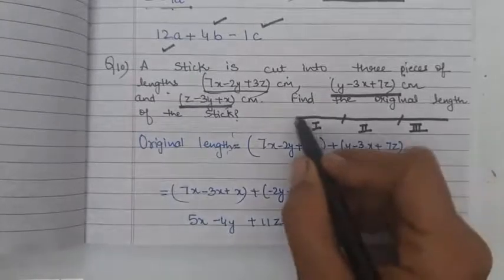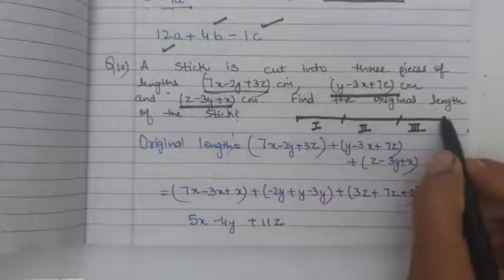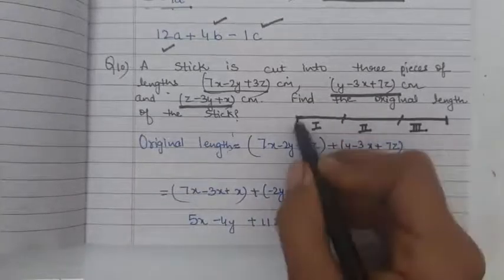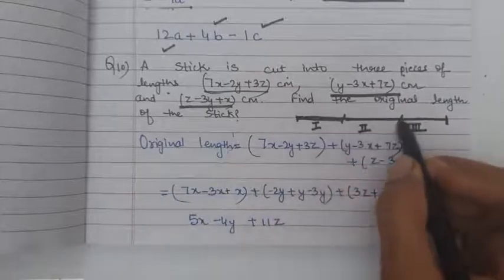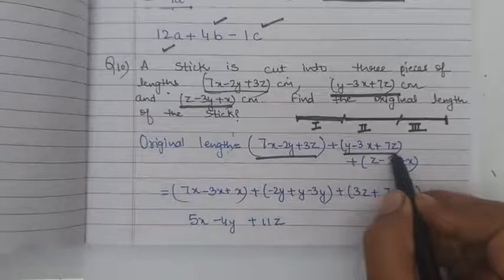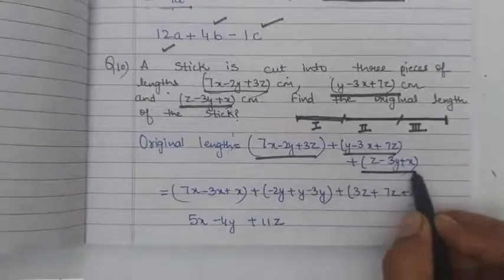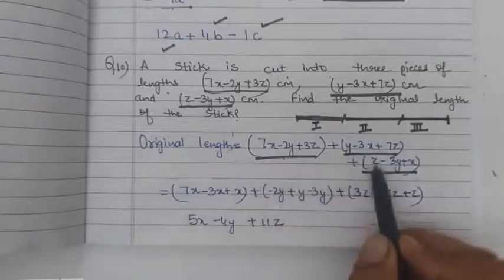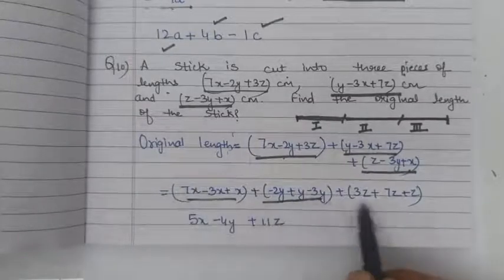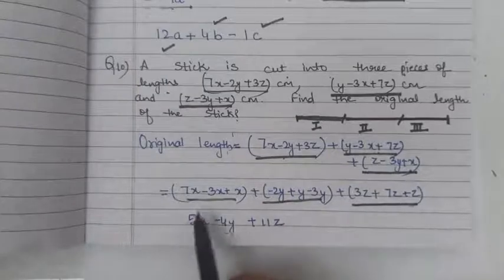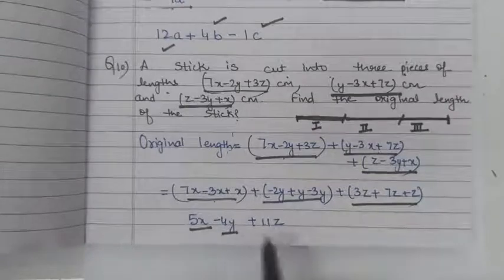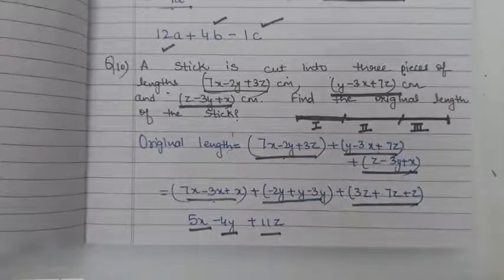Now you have to find the original length. So it's very clear from here that you will add all the lengths, that is first length, second length, then third length. So again we have to add. We will combine the like terms. What we get here? 5x minus 4y plus 11z.